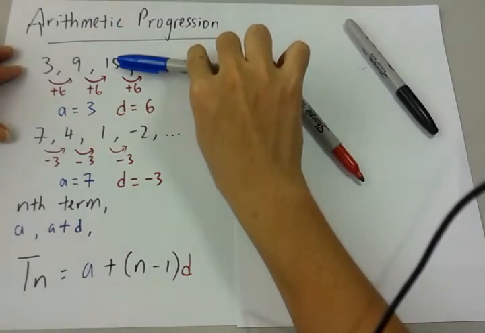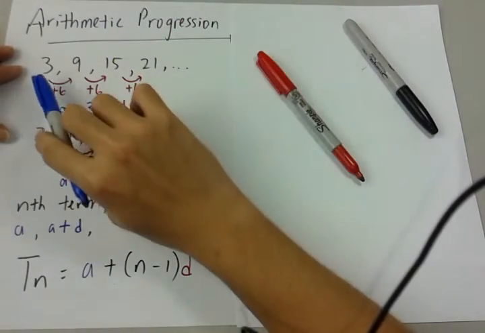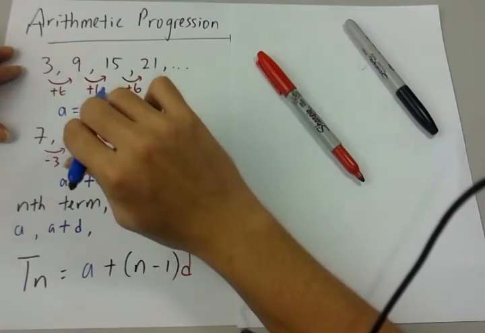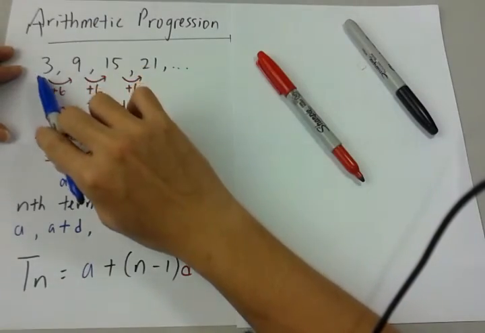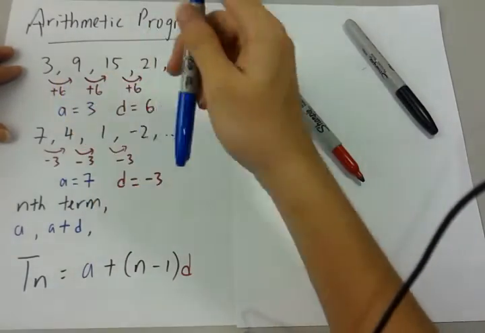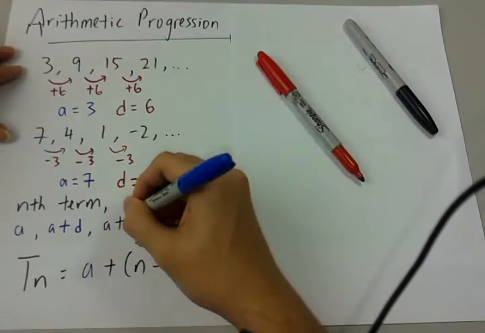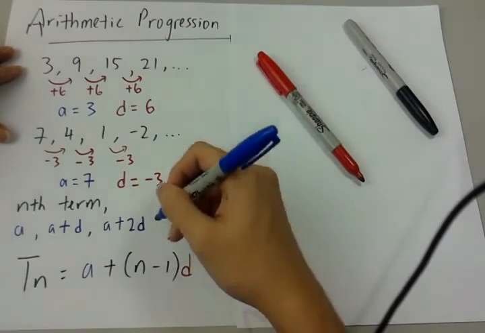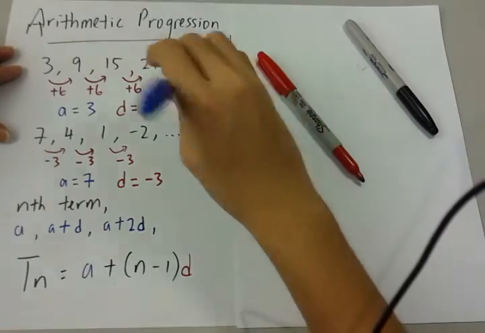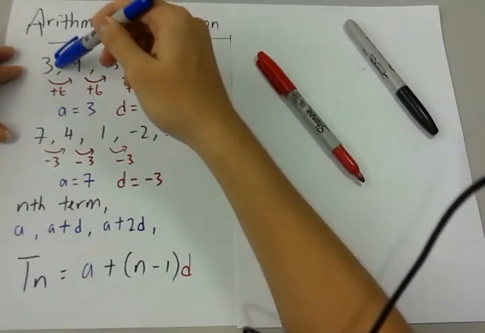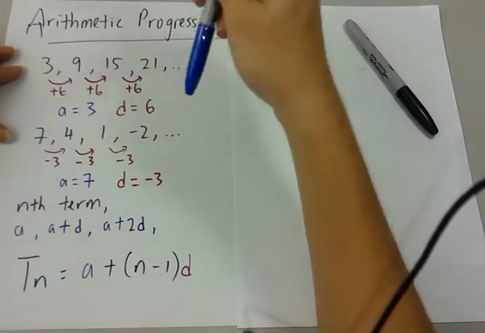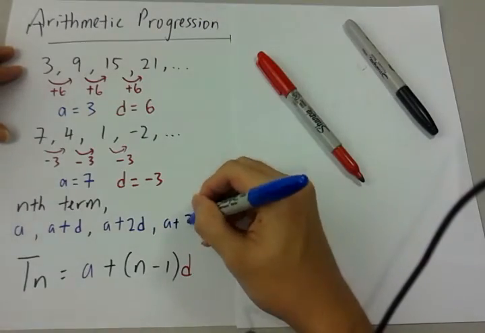How do we get to the third term? The same concept. We get a plus 6 plus 6, basically a plus d plus d. We get a plus 2d. How do we get to 21? Same concept. a plus 6 plus 6 plus 6. We get a plus 3d.